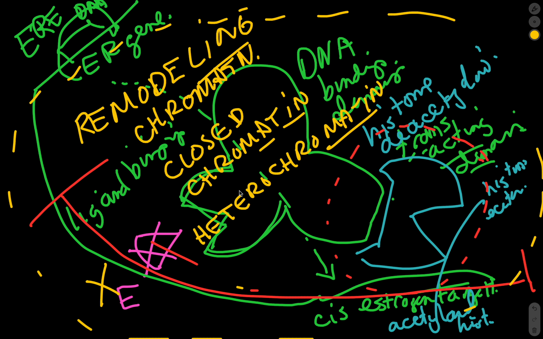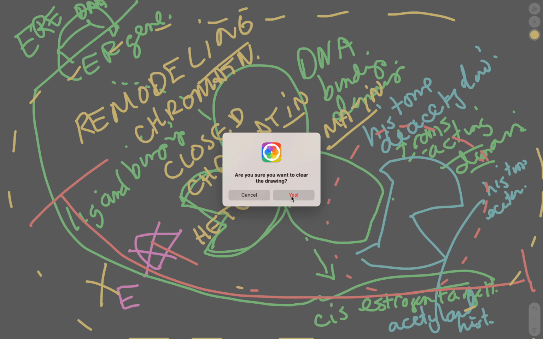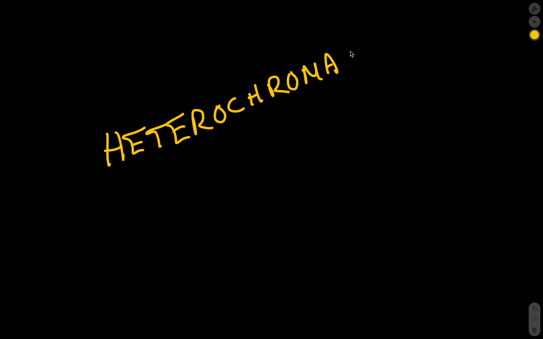And there are two types of heterochromatin. Remember what that chromatin word means, DNA and proteins. Heterochromatin is folded up.